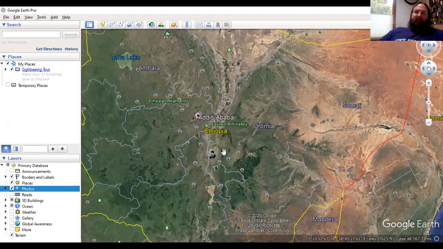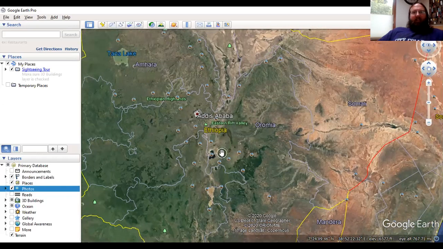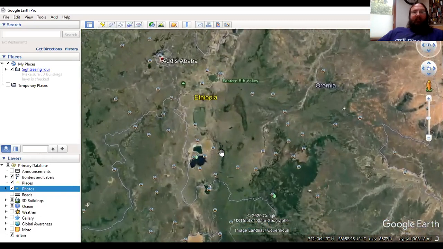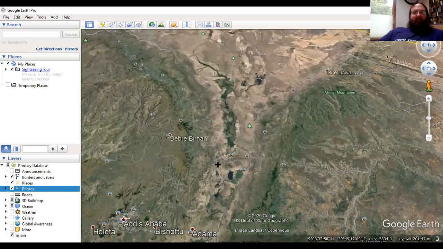What you're looking at here is the East African Rift Valley, the best surface expression of a rift valley on any other place on the planet. And what's creating this is your textbook case of divergent plate motion.